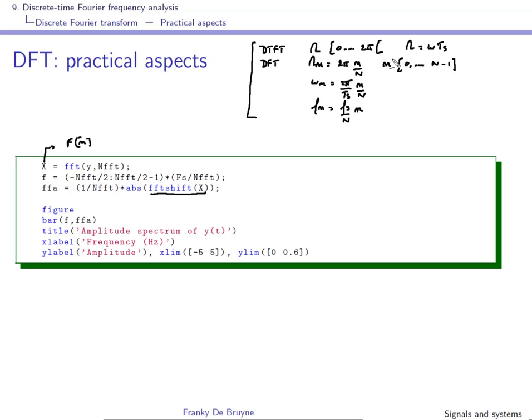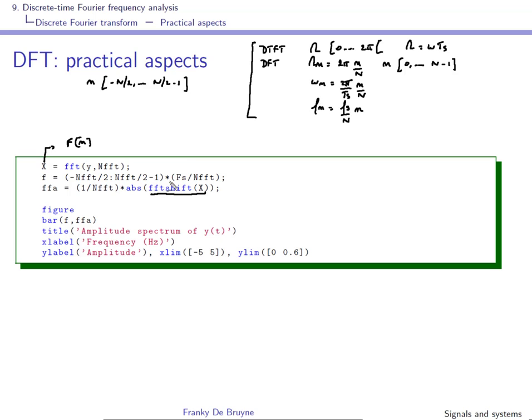So instead of having n like this, we'll have n in the range from minus N over 2 up to N over 2. But if you take N over 2, it's the same frequency as here, so we'll go to N over 2 minus 1.